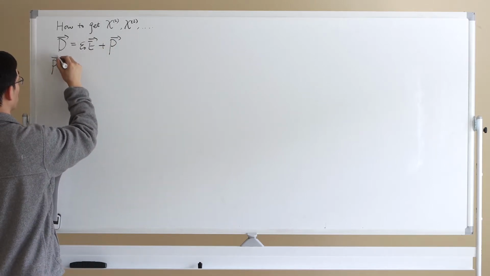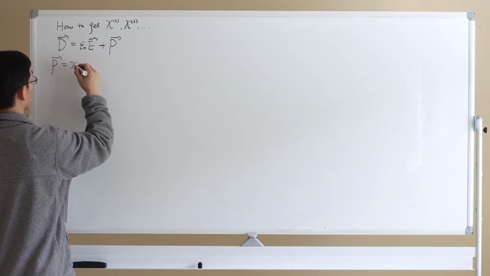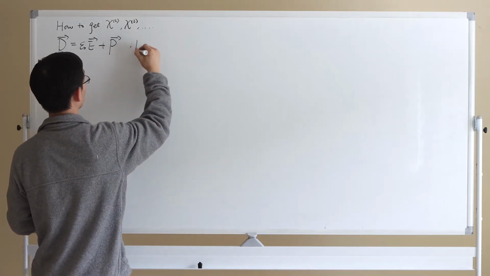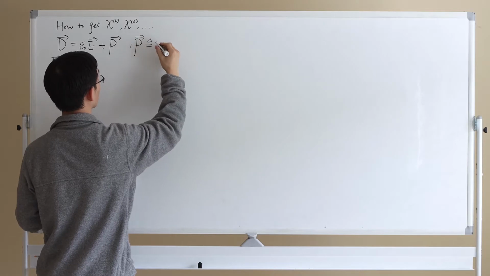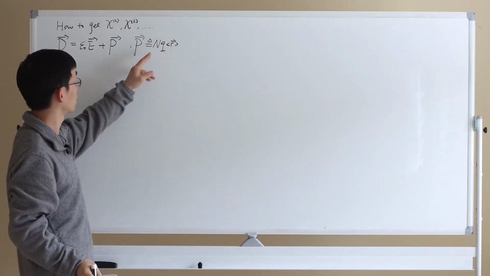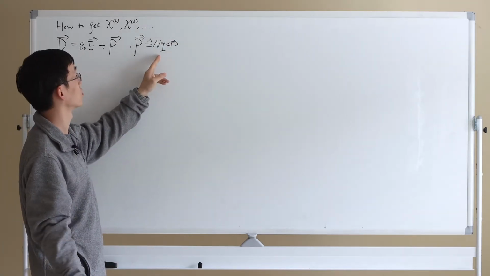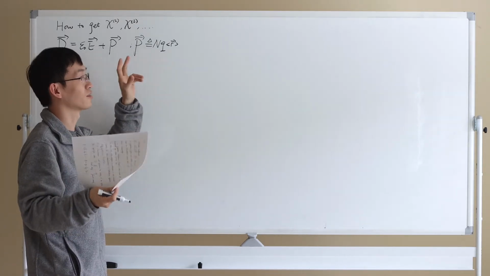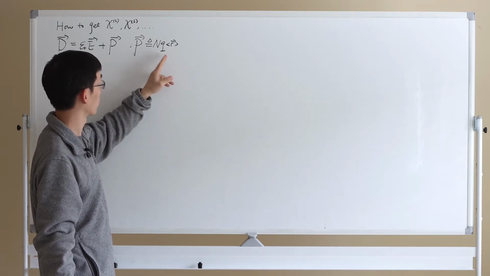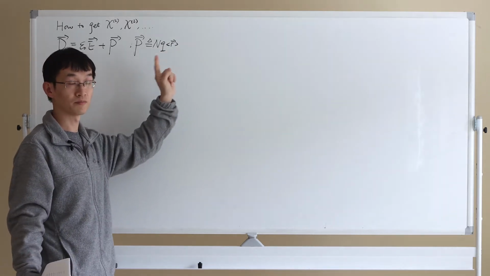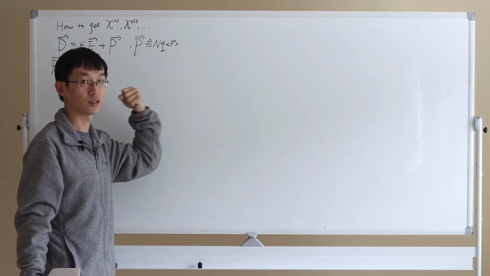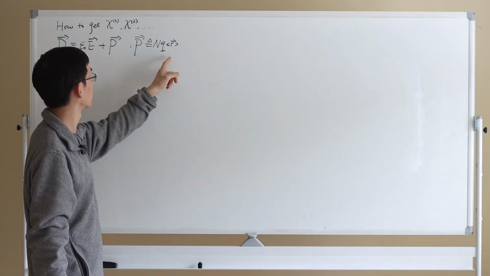The polarization has a linear part, and the definition of polarization P is N Q R. N is the number density of the charge, Q is the amount of the charge in your material, for example in atoms or molecules, and R is the displacement of your electron or charge away from its equilibrium place so that it generates a dipole.